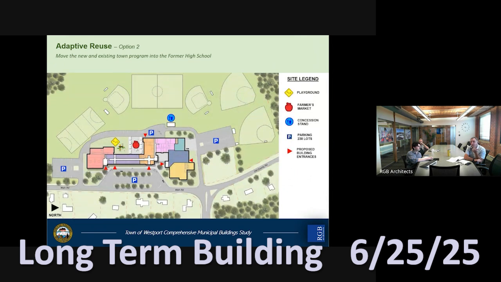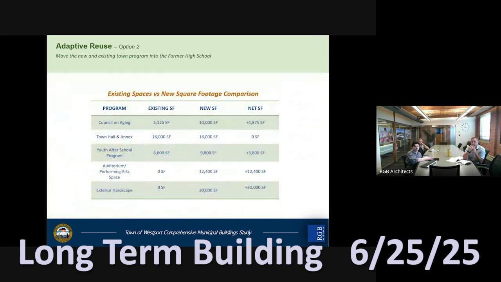So again, exterior spaces, how the site might be used more effectively or as it is. Some alterations to the circulation and the flow around the building now. And added parking, and a little sports concession and restroom area in the back, which you don't have now.